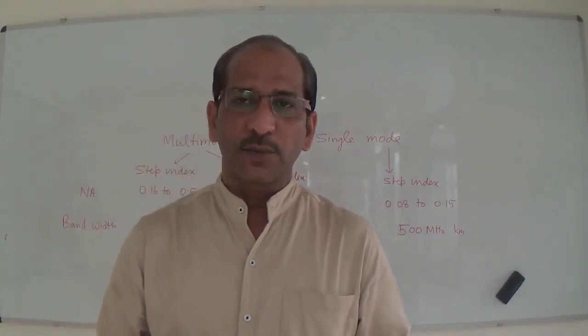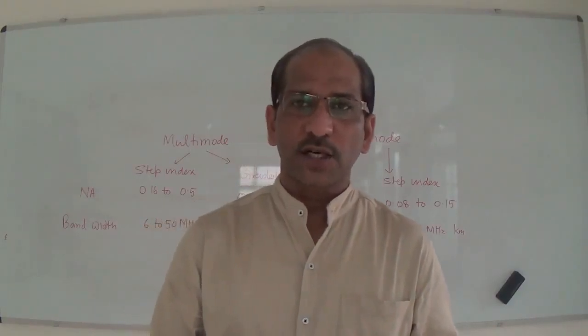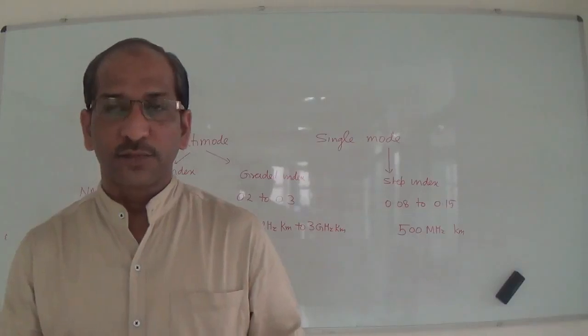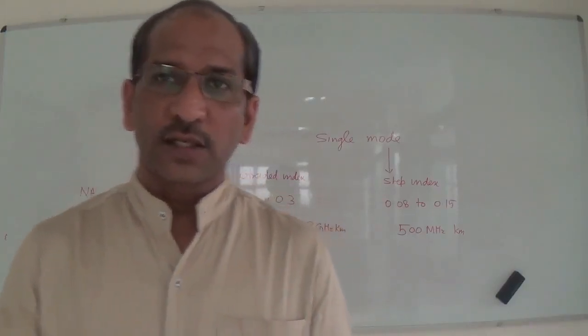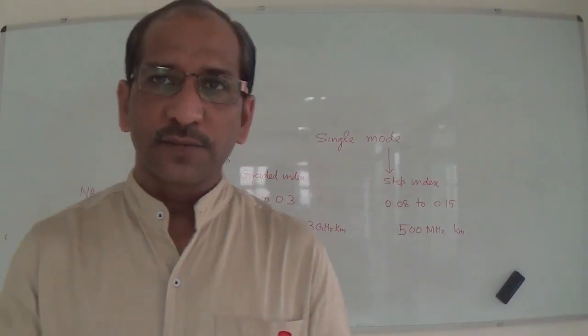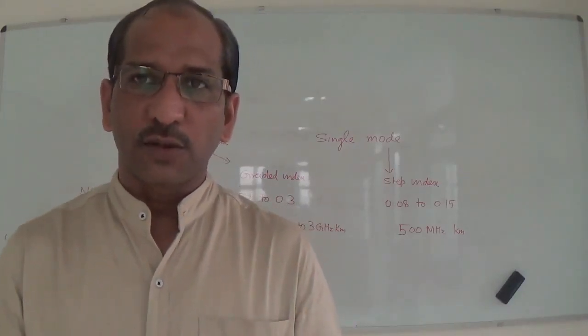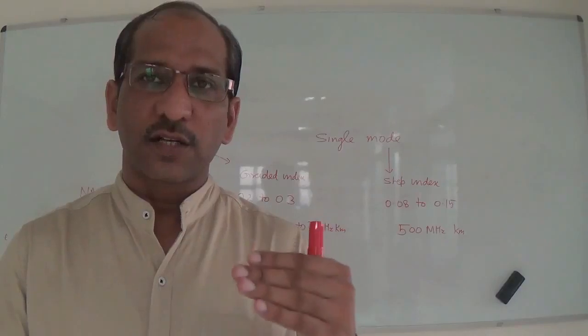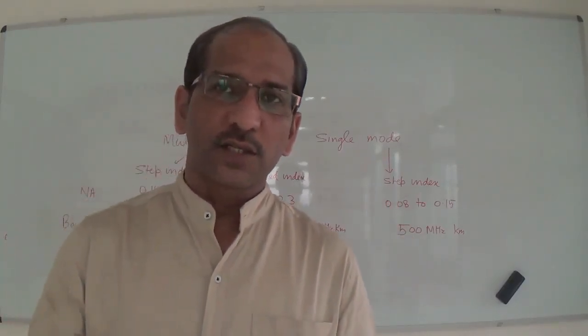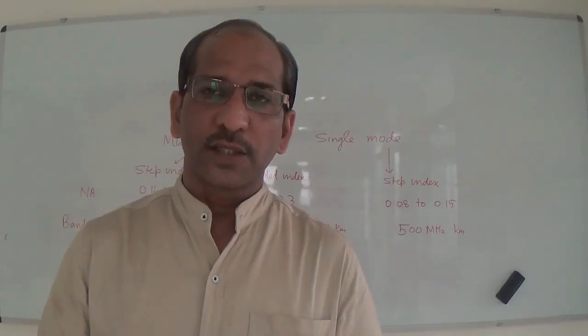And the second, the graded index optical fiber, where the refractive index changes gradually. It is maximum at the central axis of the core, and then it decreases gradually up to the core cladding interface. So that was graded index optical fiber.